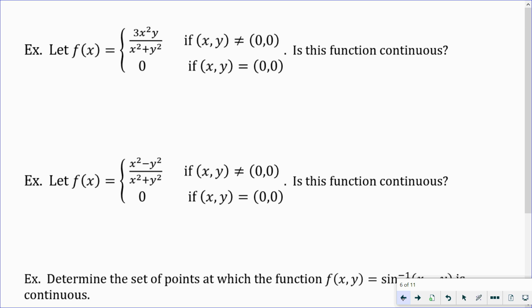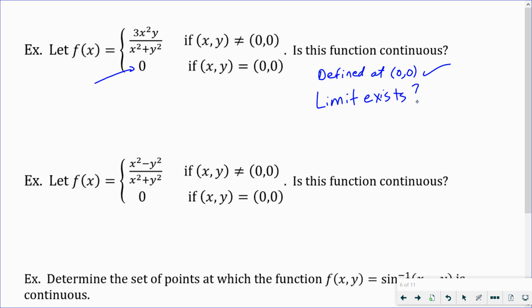But then somebody is giving me a piecewise function that tells me that it's 0 when x and y are 0. So they've defined it for me. So is it defined at 0, 0? Yes. So let's check if the limit exists.